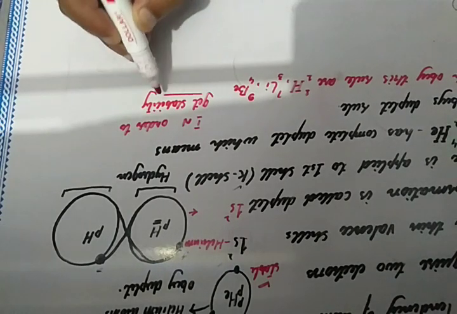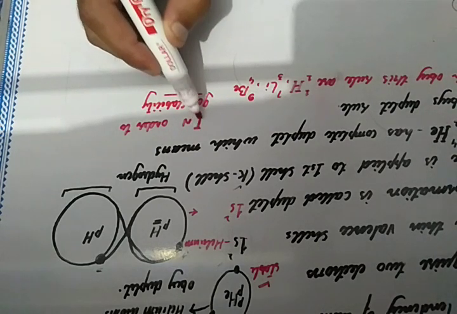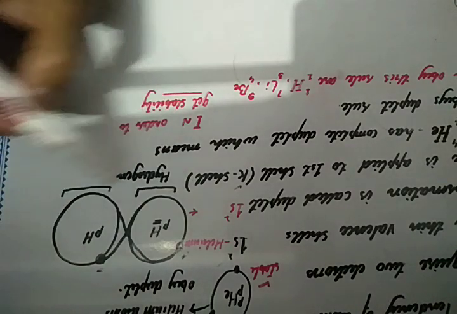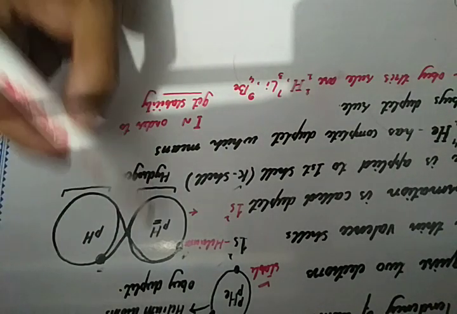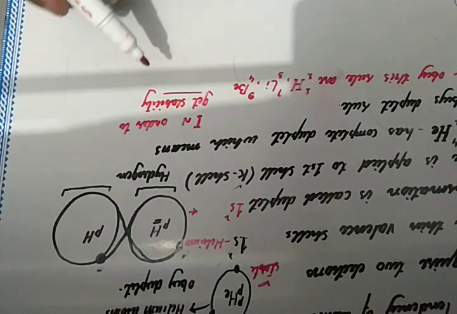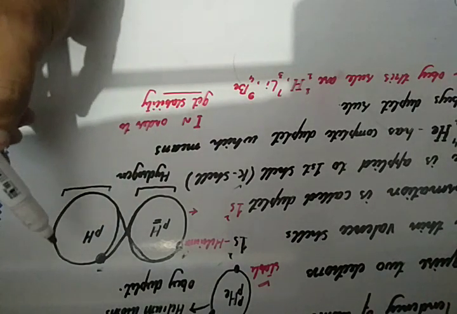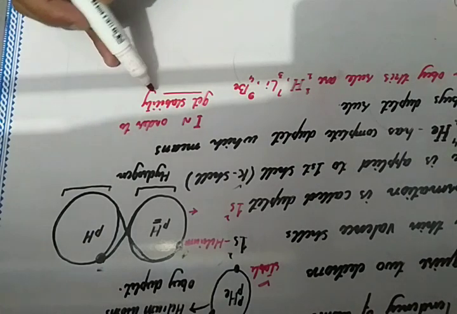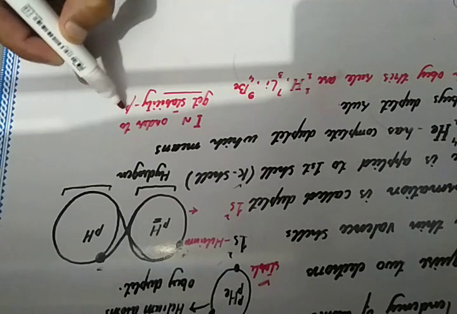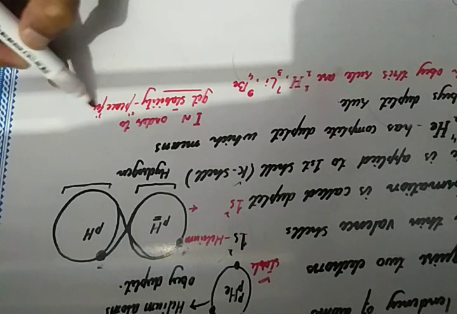So atoms which obey the Duplet rule need to complete their outermost shell with only 2 electrons, as you can see in the case of hydrogen. They share their outermost electrons in order to get stability, so that they become stable or peaceful, and they are not reactive anymore.